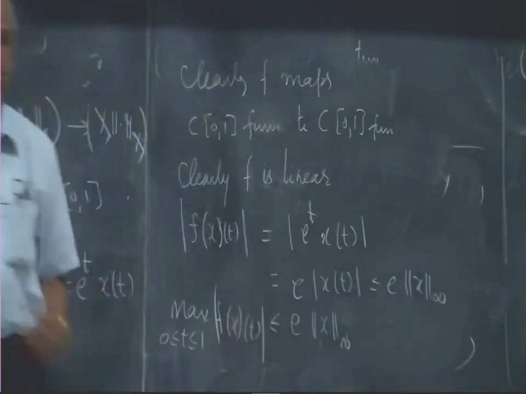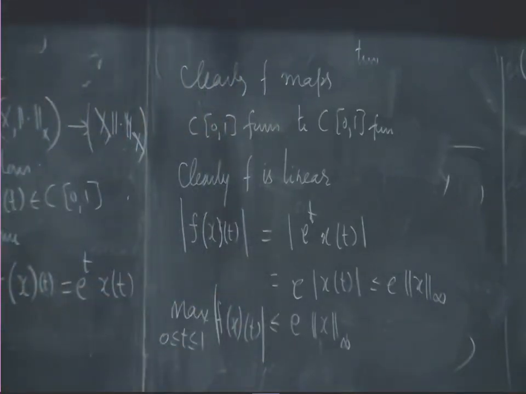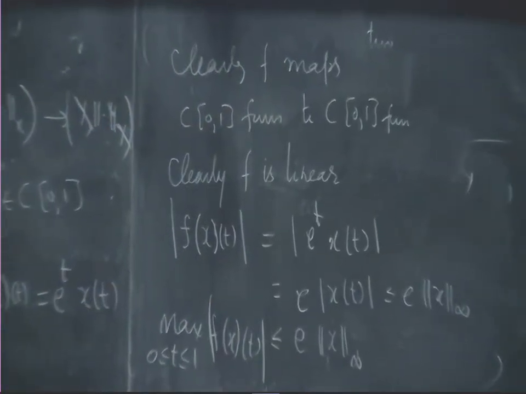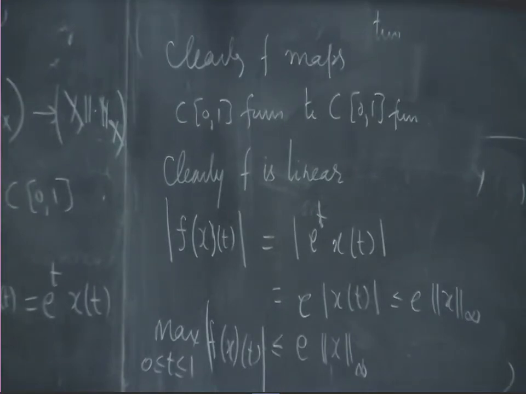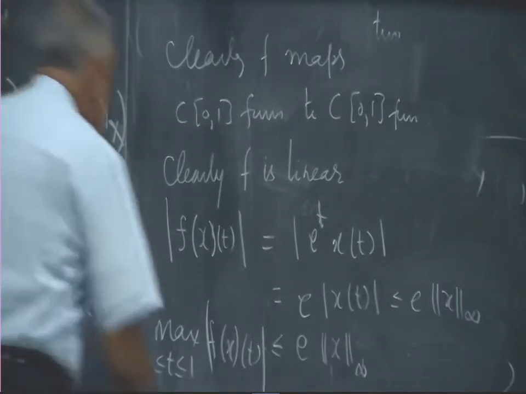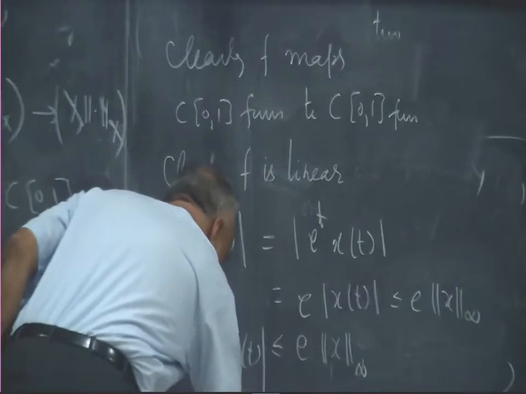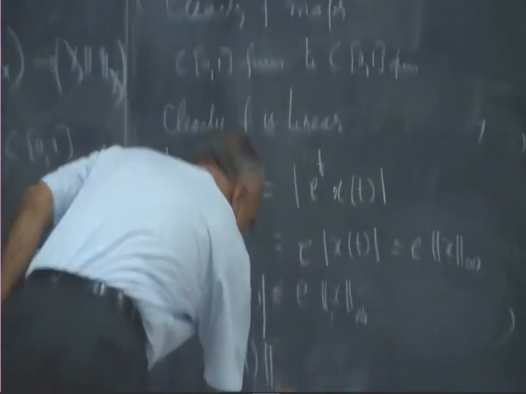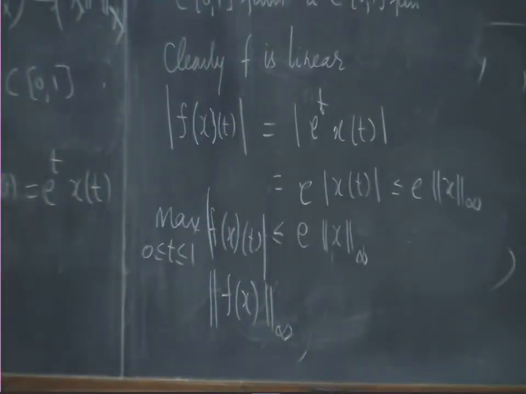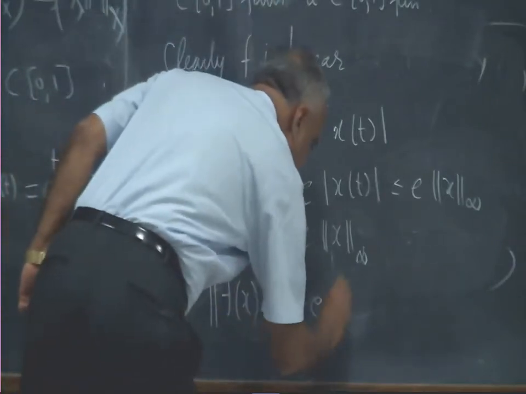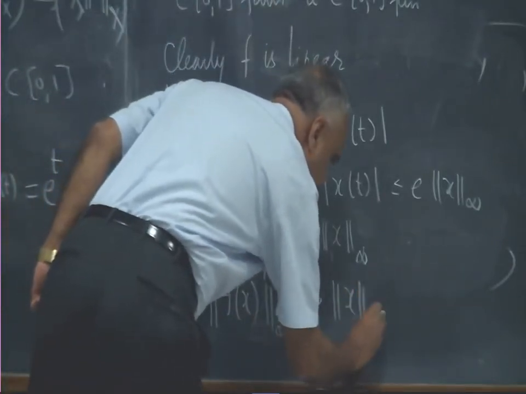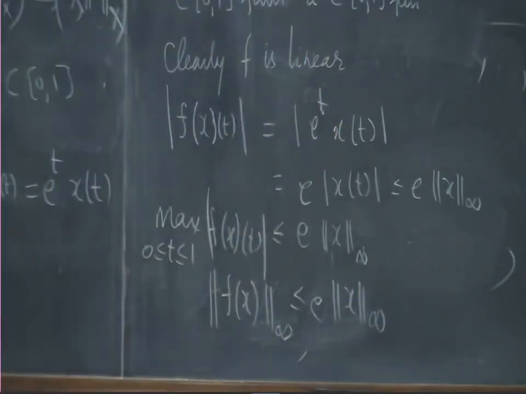The transformed function at every point t should be below this line. Therefore, the maximum could not have crossed that barrier, and that maximum is what is called the norm of the transformed function. The norm of the transformed function is less than or equal to e times the norm of the original function.